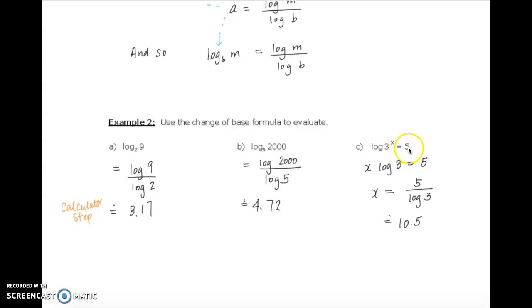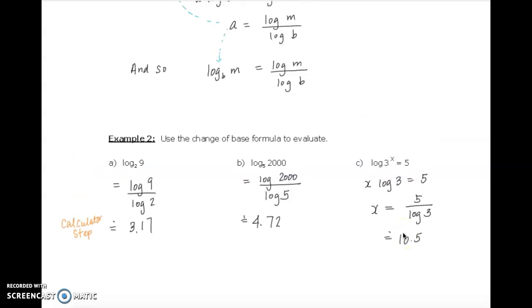For 3 to the power of x equals 5, first I can put that x in front of log 3. So x times log 3 equals 5. And then x is 5 over log 3 to be exact. Evaluating using the calculator, you get 10.5 roughly.